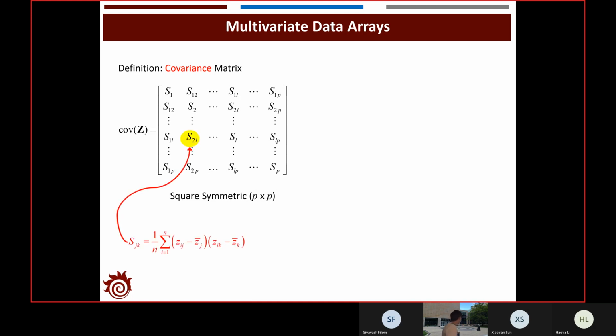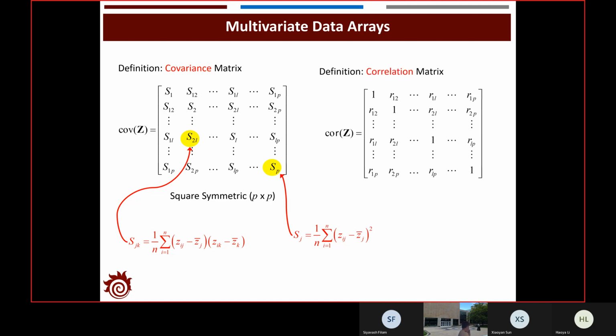For any value, say Sjk will represent the covariance of variable j and variable k, and Skj will be the same as Sjk. The diagonal will be the variance of each variable. So this is just the definition of the covariance and how we can write down the covariance matrix. It's just some fundamental definitions, so I'll go through them very quickly.